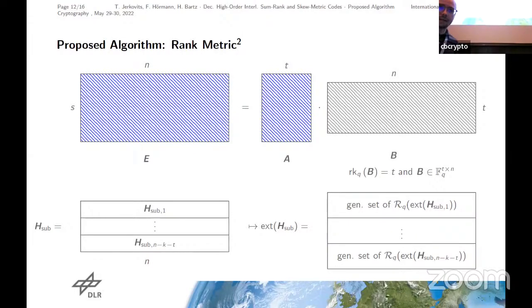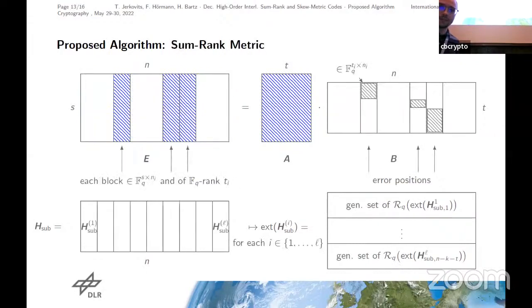And now combining these two basically leads us to the sum rank metric case. So we have, again, kind of error positions because we can have blocks where no rank errors appear. But now in the general case, this is not like in the Hamming metric case, we have the possibility of having a row corresponding to the Fq rank of this block, which is T sub i.